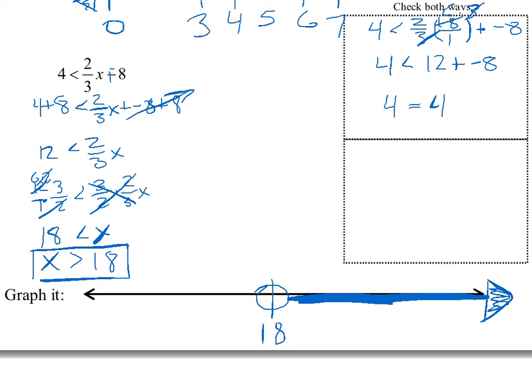And Maria, what value would you like to plug in to check that we shaded the correct direction? 27. So she's saying she's coming way out here to 27. That's totally fine. Why did you choose 27?